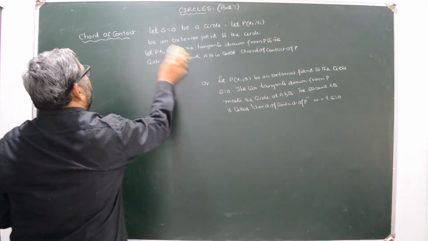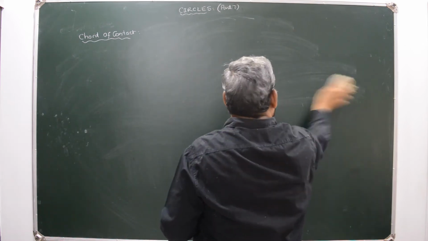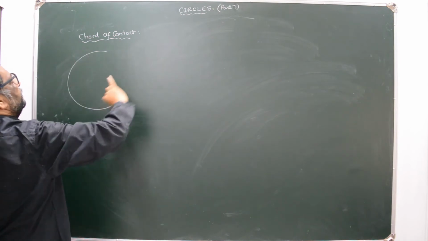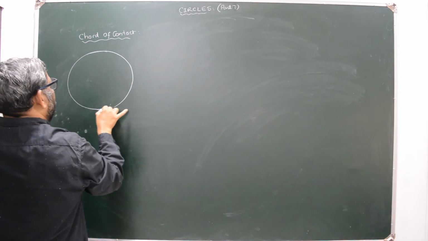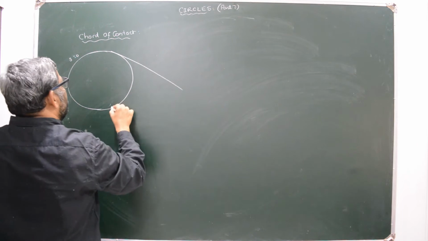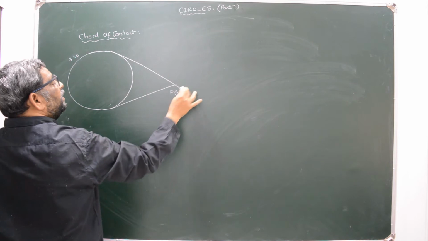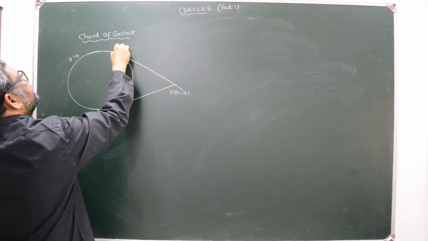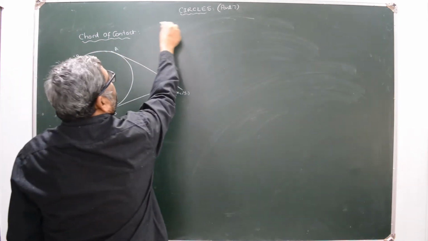Now we will prove the theorem for the chord of contact. I will consider a circle, let this be S = 0. I will take a point P(x1, y1) here. The tangents drawn from P are meeting the circle at A and B. Let us write the statement.